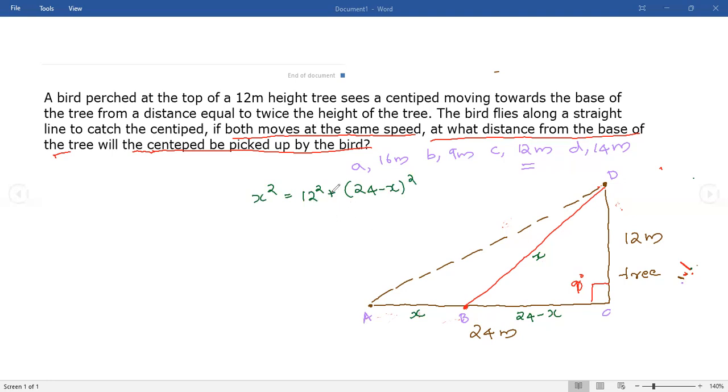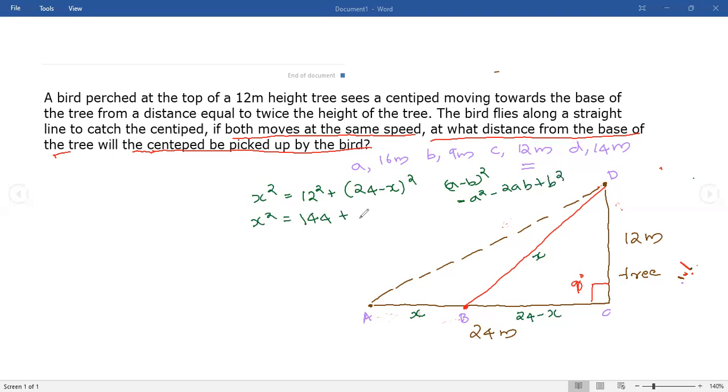Okay. So X square is equal to 12 square, which is 144, plus 24 minus X whole square. How to find out the value of 24 minus X whole square? That is A minus B the whole square, right? A minus B the whole square is equal to A square minus 2AB plus B square.